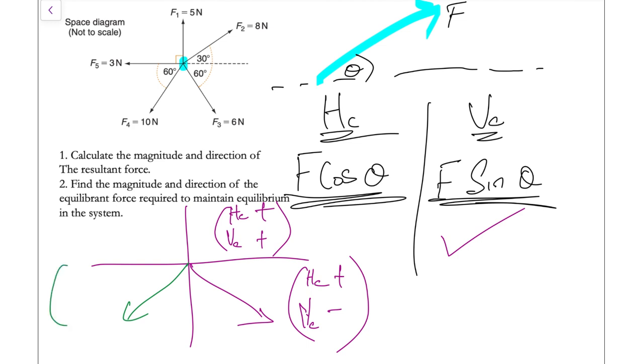So what that means, our horizontal component will be negative, and our vertical component will also be negative. Why? Because it's going down, and once it's going down, vertical is negative, and if it's going to the left, horizontal will be negative, just like this one here. So we have horizontal component as negative, vertical component, because it's going up here, vertical component will be positive.